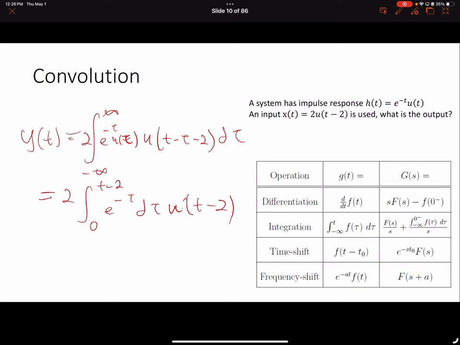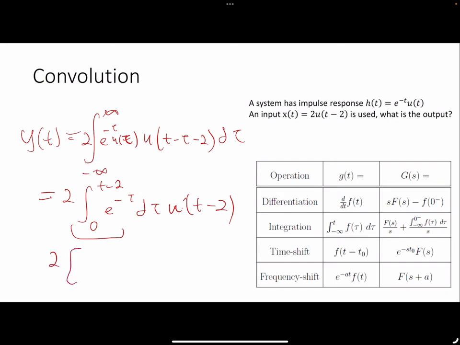And then you would have done this integration, and you would have gotten negative 2 e^(-tau) evaluated at 0 and t - 2, and that would have given you 2 times negative e^(-(t-2)) plus 2.